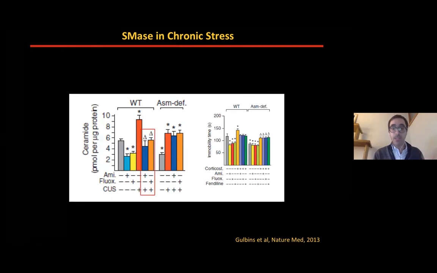And interestingly, treatment with antidepressants blocked this increase in ceramides. And another set of experiments from this publication that was interesting was that the exposure to corticosterone led to a depressive-like behavior, and mice that were deficient in acid sphingomyelinase were actually resistant to this depressive-inducing behavior upon corticosterone treatment.